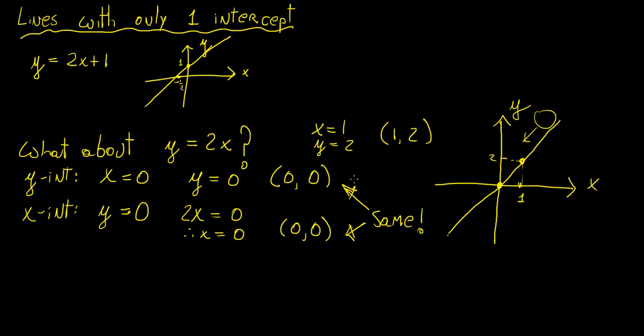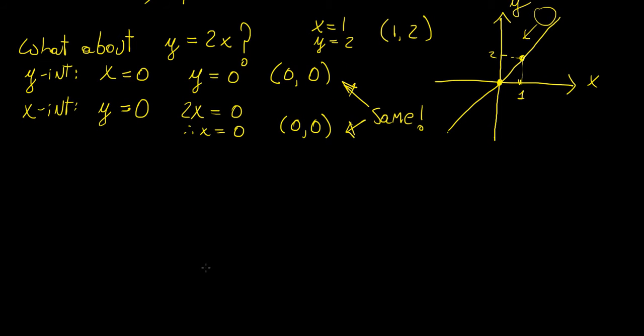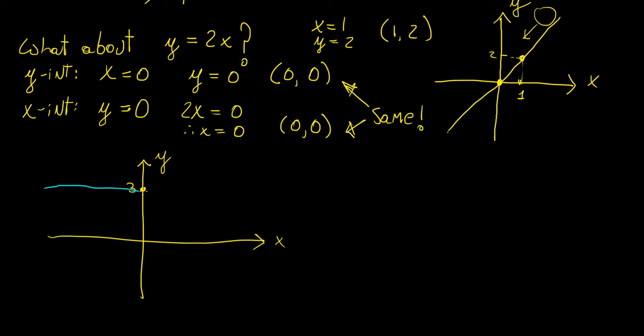Now, is that the only kind of line that you can have that only has one intercept though? Because I could draw something similar. I could draw something that looks like this. So let's draw the Cartesian plane again. And I could select a point here, let's call it point 3. And I could easily draw a line that goes through that point, but does not go through any other point here.